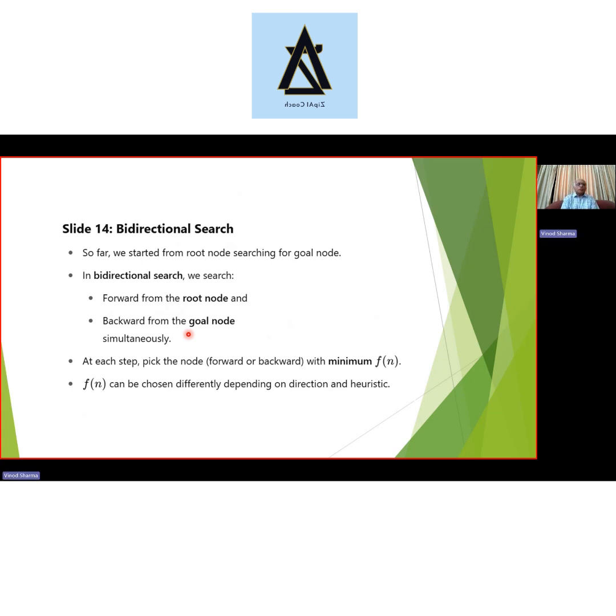So the forward direction could be depth first and the backward direction could be breadth first, if you choose the functions f(n) appropriately. But at any given time, whatever f(n) you have chosen for forward and backward, the next node to visit will be picked from either the forward or backward side with the minimum f(n) at that time.